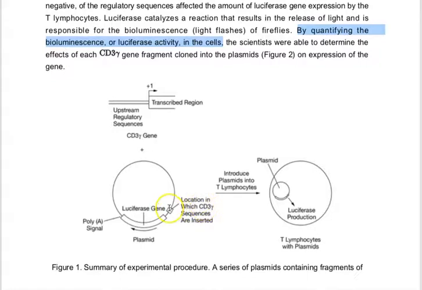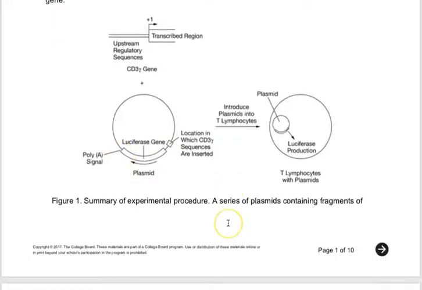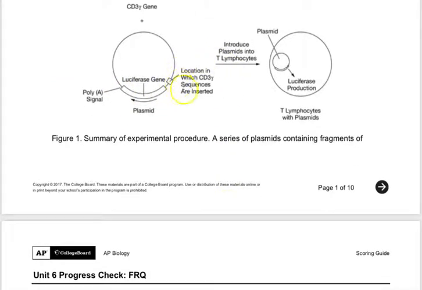They're inserted right over here, and then the luciferase gene, which produces this enzyme of bioluminescence, is right next to it. So we can check what's happening right over here, what is being promoted, what is being repressed, by checking if the luciferase gene is actually being transcribed and expressed, and if there is bioluminescence.